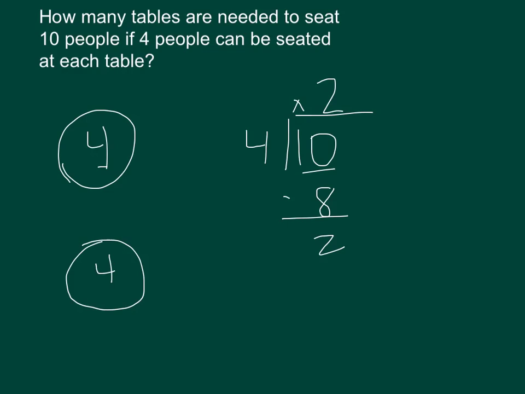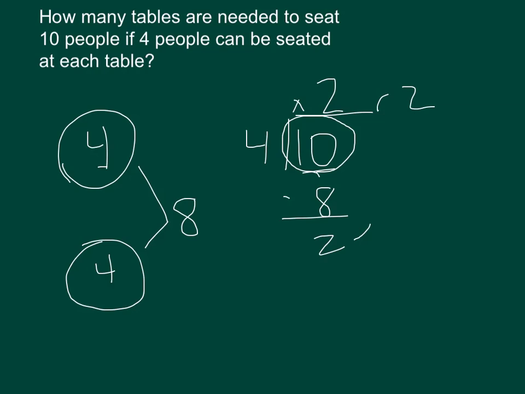Because with those two full tables of 4, there would be 8 total people at those tables. We started out with 10 total people here. This 2 down here, that's the remainder. That's the remaining people that are left.